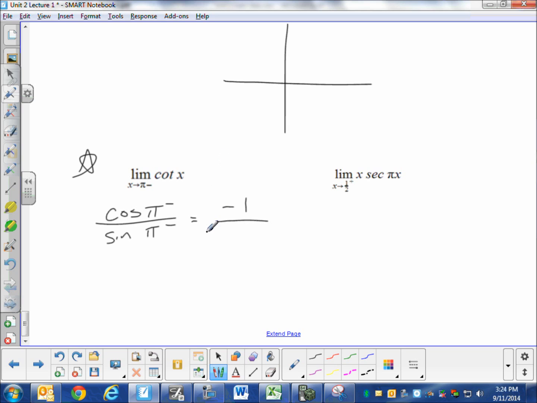Now, is pi from the left in the second or the third quadrant? Second is correct. So, is sine positive or negative there? Good. So this is negative infinity. All right. Sweet. Those are vertical asymptotes.